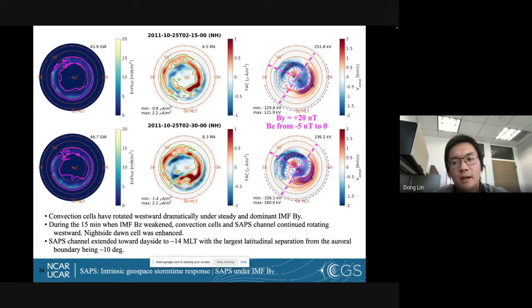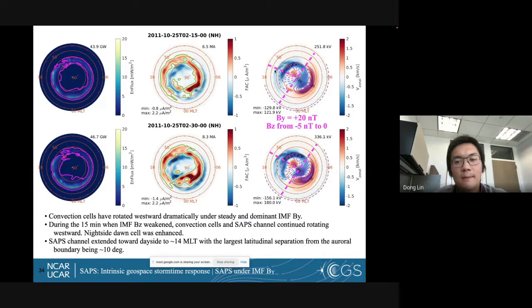Basically, the convection pattern is very much rotated toward the pre-noon sector, as we can expect for a large positive BY. And here, if you just look at the SAPS distribution together with this convection cell, the location of the SAPS also shifted toward a much earlier MLT.